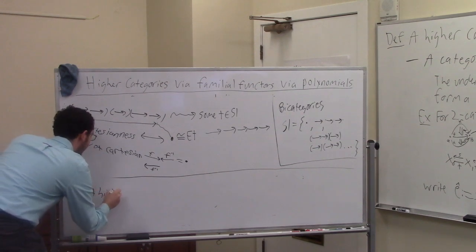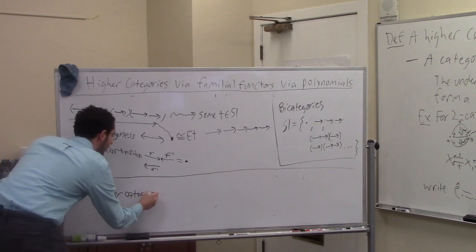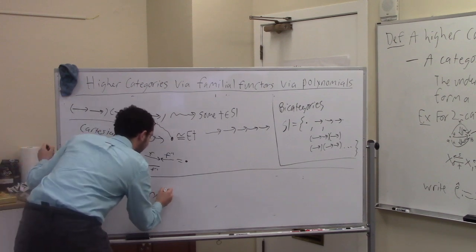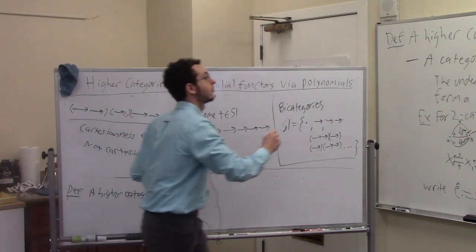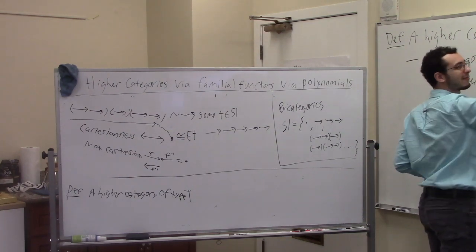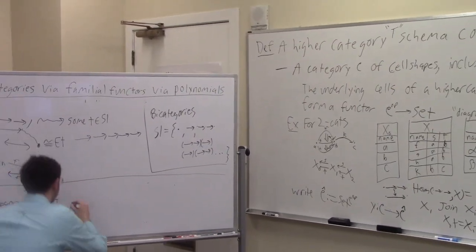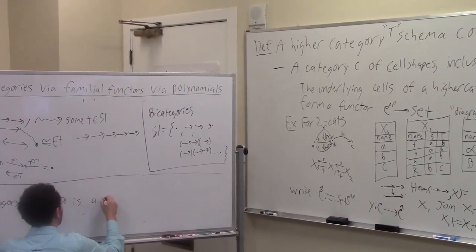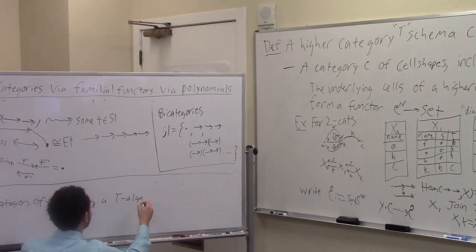That a higher category of type T, where I will abuse notation significantly by calling this whole thing T, is an algebra for this monad.